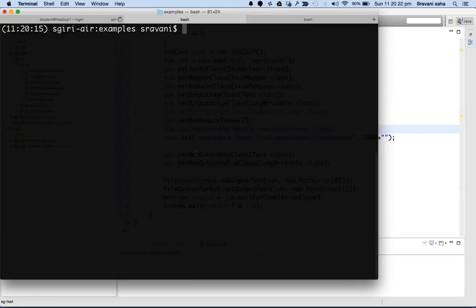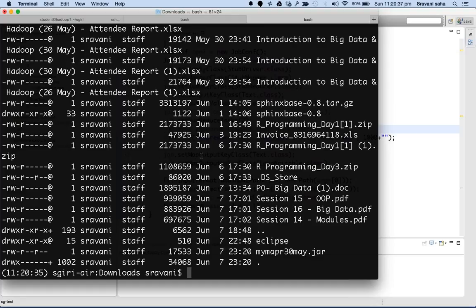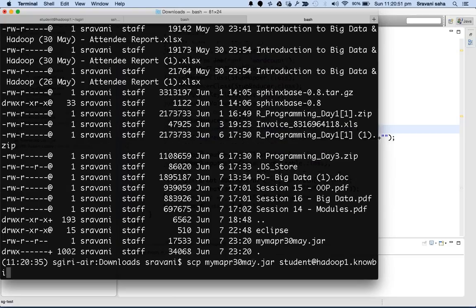Now let me copy it. So this is my local machine. From here, I exported the jar, and I'm saying scp, the file name, and then student at hadoop1.nobigdata.com colon asgiri.